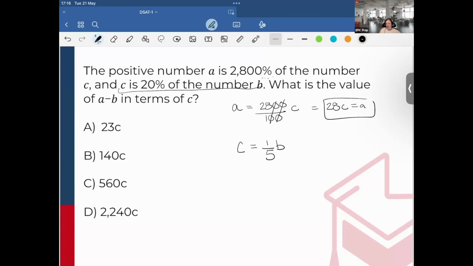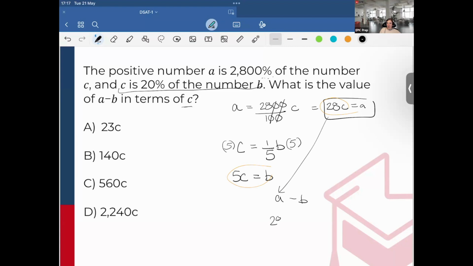of B. So I know what C is, and then I'm asked, what is the value of A minus B in terms of C? So I'm going to multiply each side by 5. So I get that 5C is equal to B. Because now I have both A and B in terms of C. And then if I do A minus B, just substitute them in.